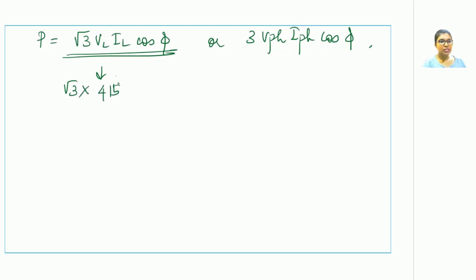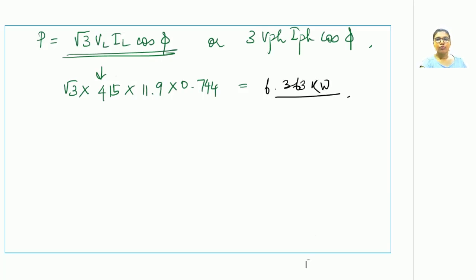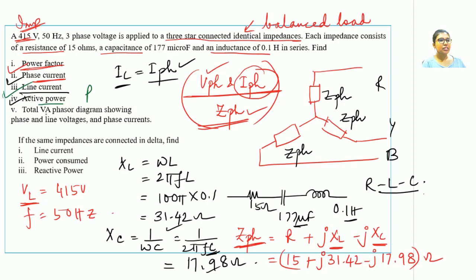VL is given to us as 415, IL has come out to be 11.9 and cos phi is 0.744. The value of power comes out to be 6.363 kilowatts.